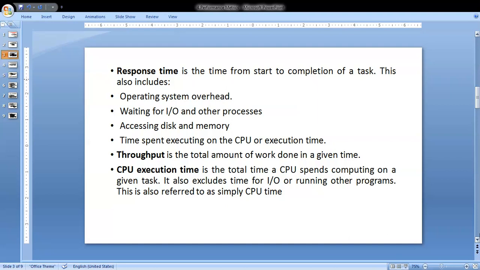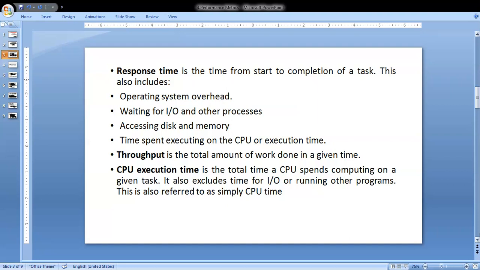In that sense, the throughput is how much it has taken to accomplish that copying. So this is called throughput. It is the total amount of work completed in a given period of time.